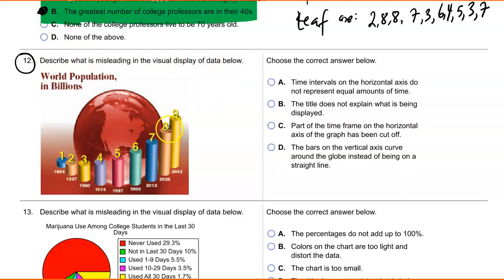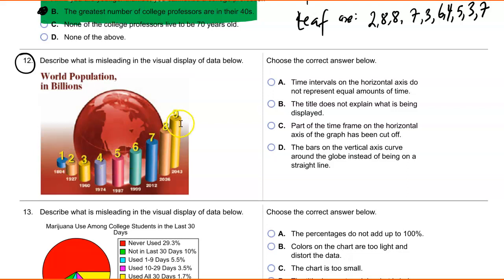If you look at the visual display, it's the world population in billions. In 1804 there is 1 billion population. 1927, 2 billion. 1960, 3 billion. 1974, 4 billion, and so on.